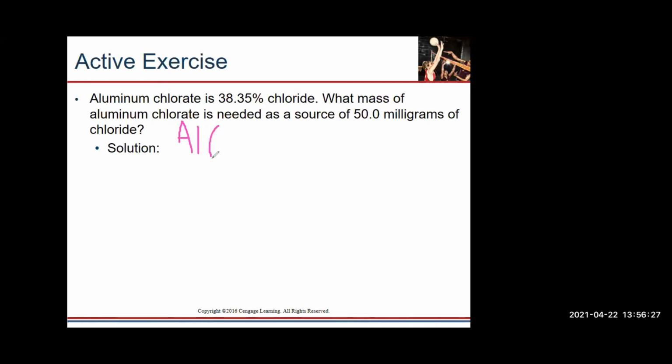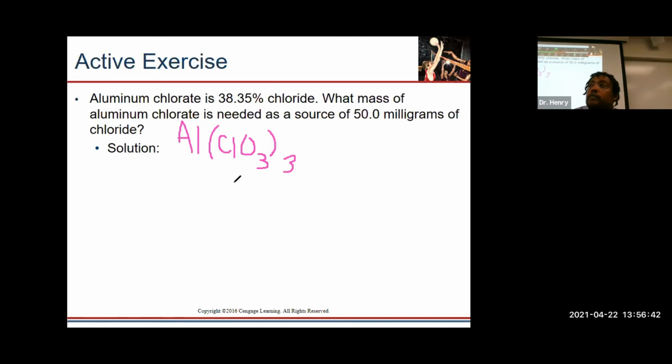It would be Al(ClO3)3. So the question asks, what mass of aluminum chlorate is needed as a source of 50.0 milligrams of chloride?